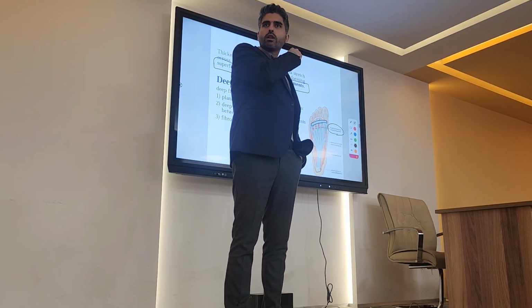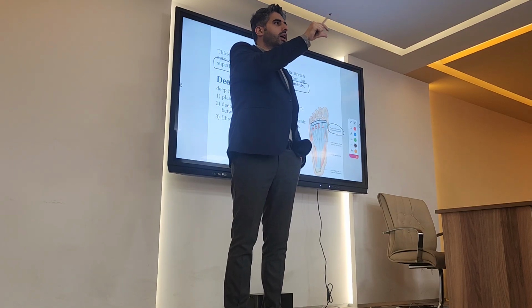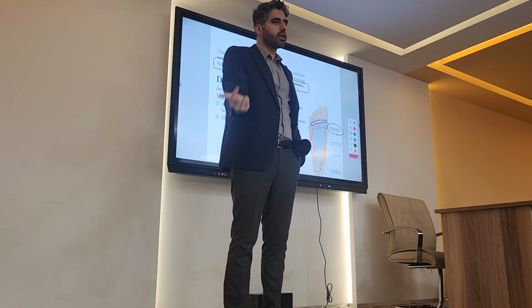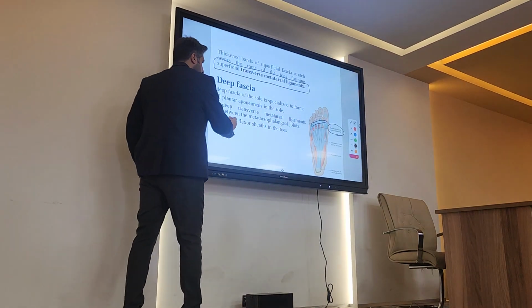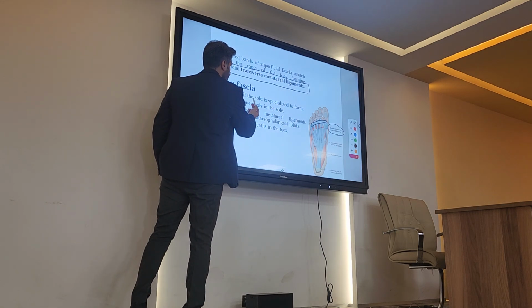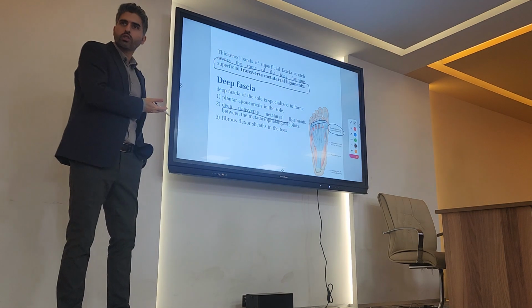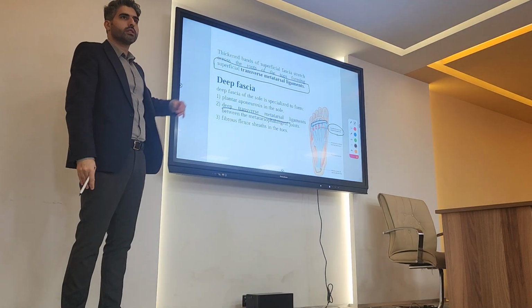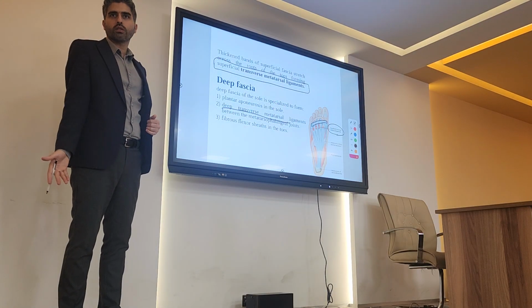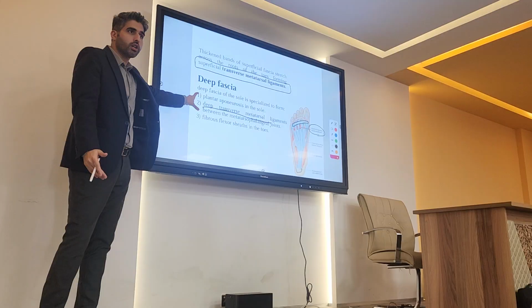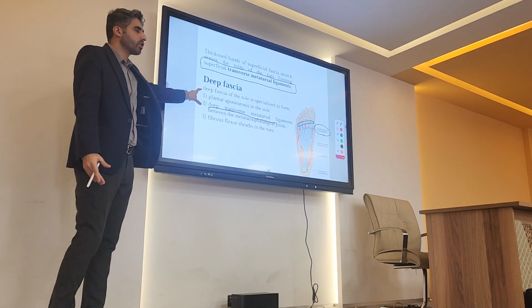We have another ligament here, deep transverse metatarsal ligament. That's one from deep fascia. This one from the deep fascia, superficial transverse from superficial. We had one question. Because these three structures, they are formed by deep fascia.